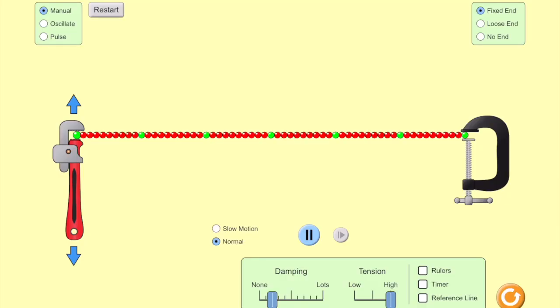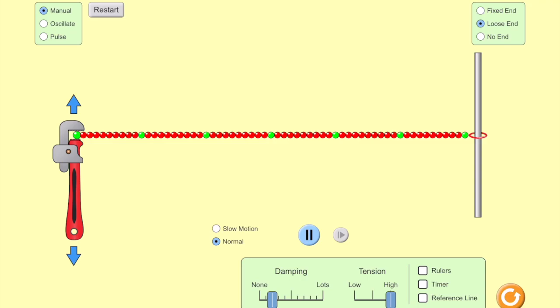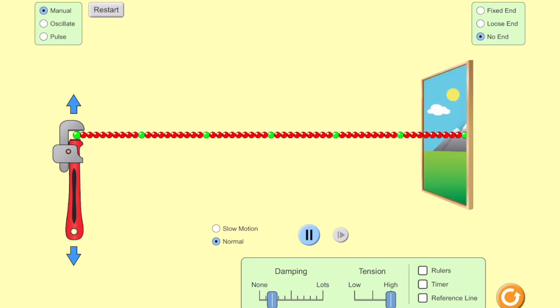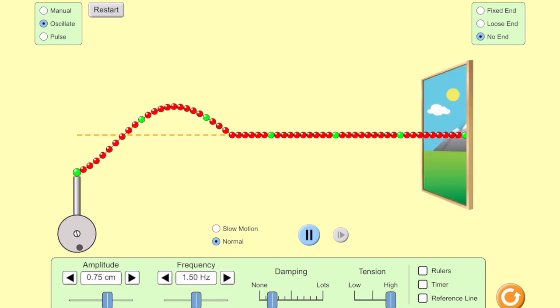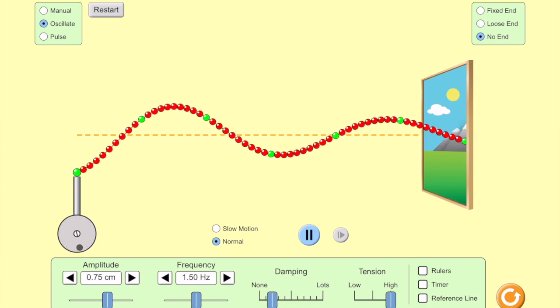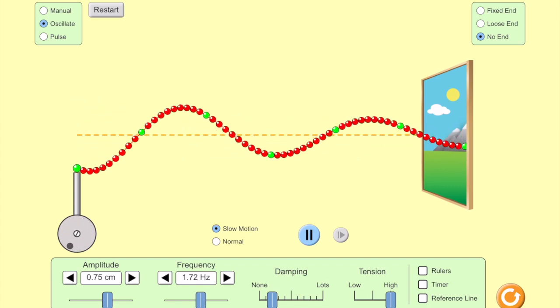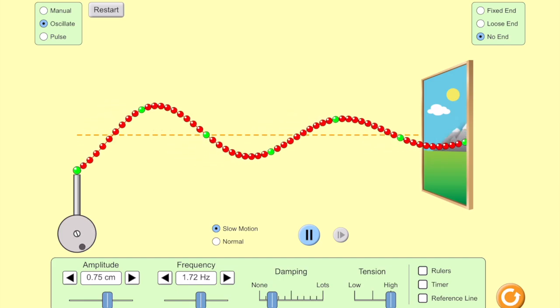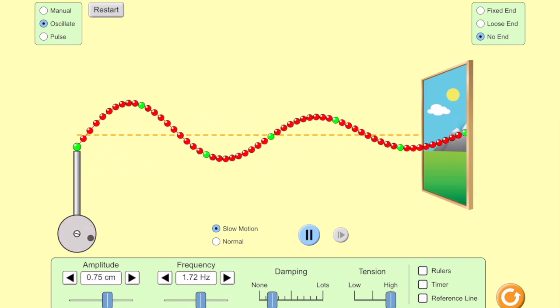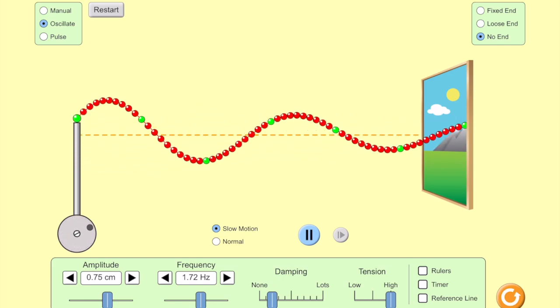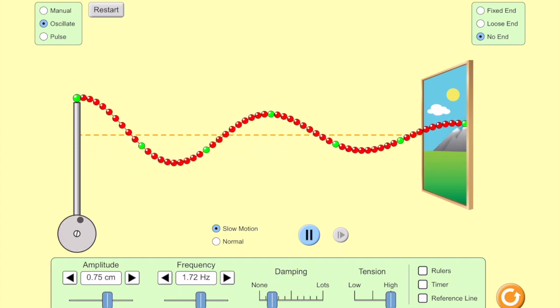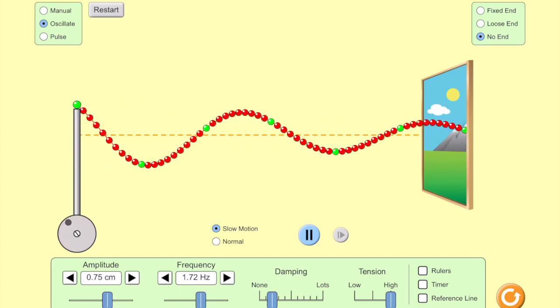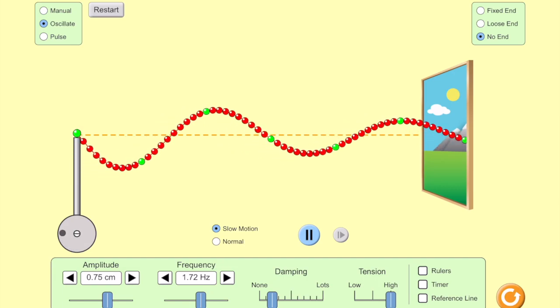So if I try, here's a loose end, right? Or no end, my bad. And I want to have it oscillate like this. So if I speed up the frequency just a little bit and I go in slow motion, if you look at every single green circle, the green circles are just moving up and down, right? But you can see the individual peaks right there, they're moving left to right.